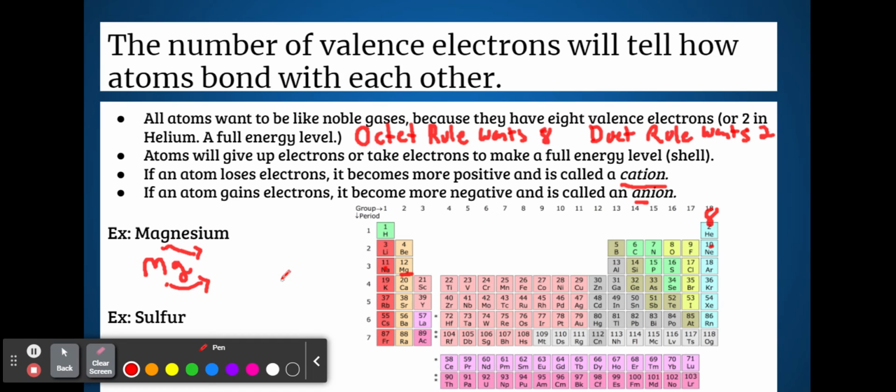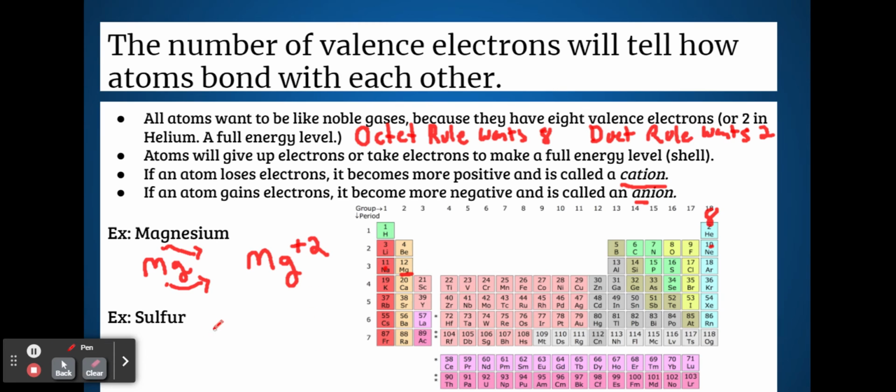When you lose electrons, you become more positive because you're losing negative things. So we say that magnesium is going to end up having a charge of +2, which we saw before in one of the Build the Atom PhET simulations that we did earlier this year. And magnesium becomes that cation, magnesium +2.